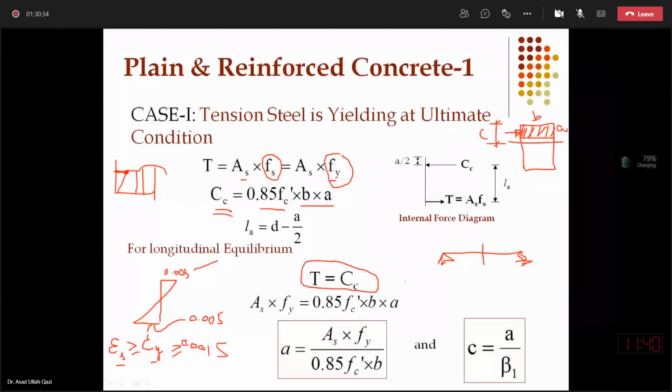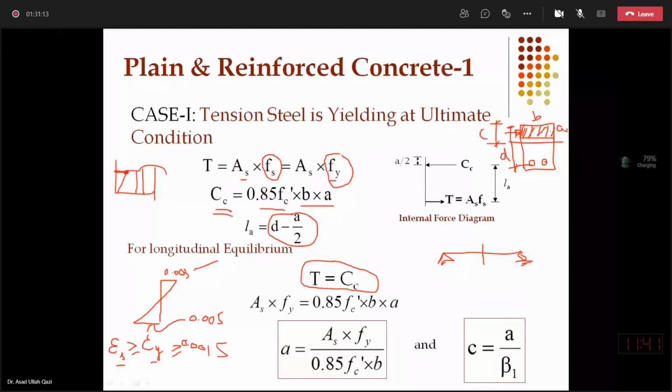Both are equal to establish longitudinal equilibrium, and the lever arm will be that steel bars are present at a distance from top to center of the steel as effective depth D. So the internal lever arm between CC and T will be D minus A by 2, because CC will be present right in the middle of this uniform stress block, which is A by 2.